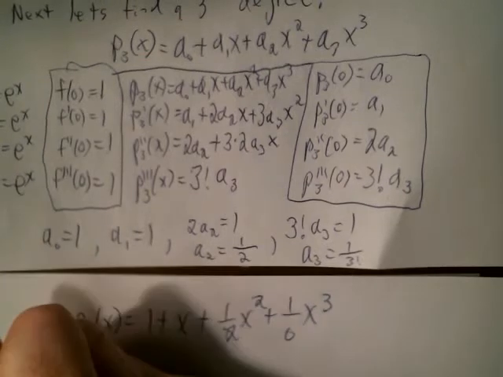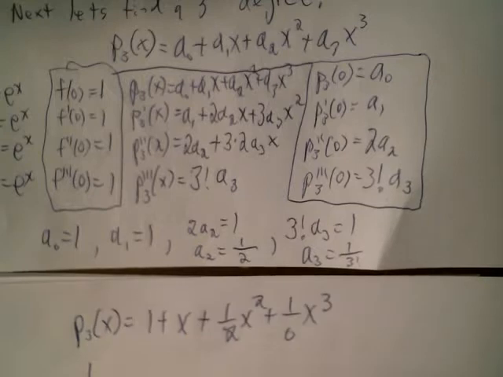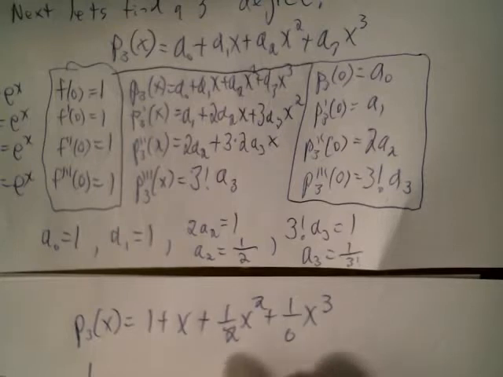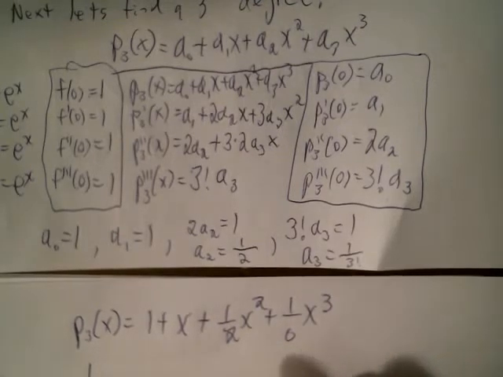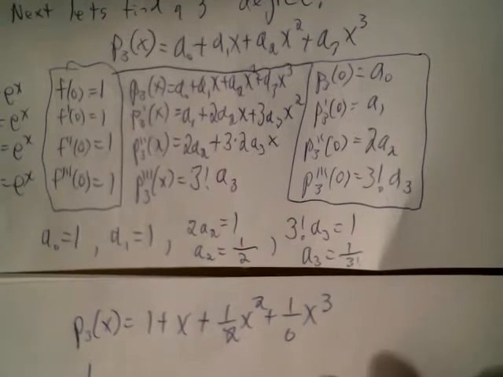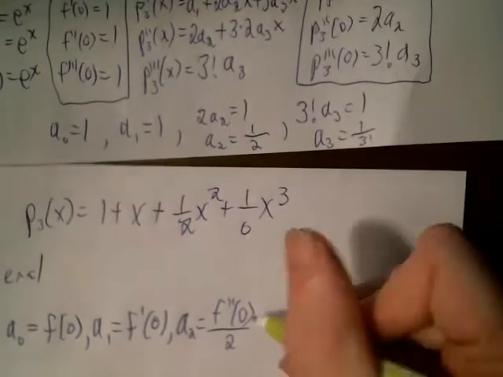But in general, a sub 0 is going to be equal to f of 0. A sub 1 will be equal to f prime of 0. A sub 2 will equal f double prime of 0 divided by 2. Oops, sorry, it's off the page.